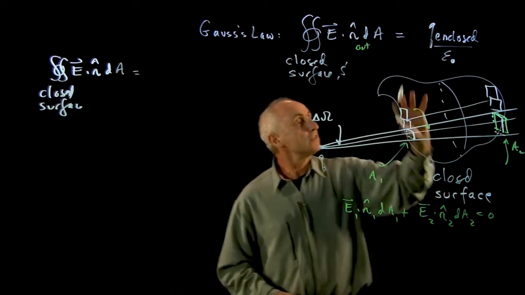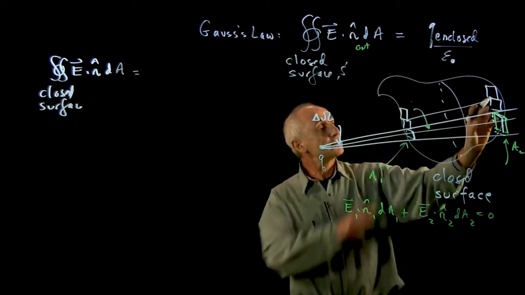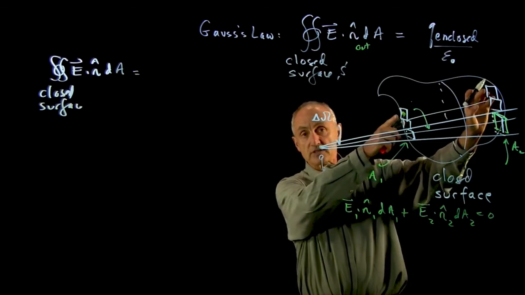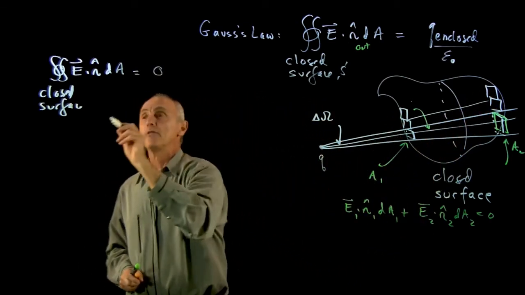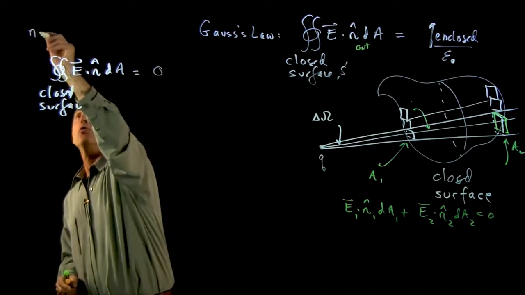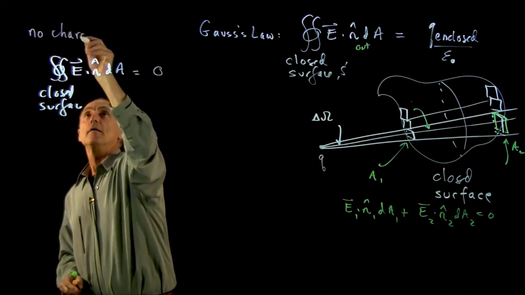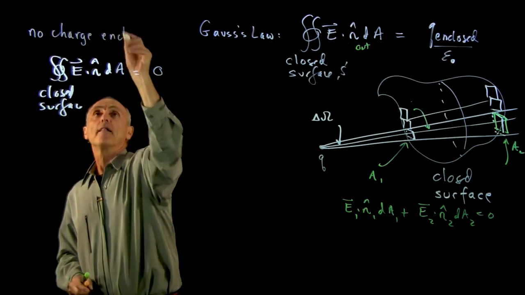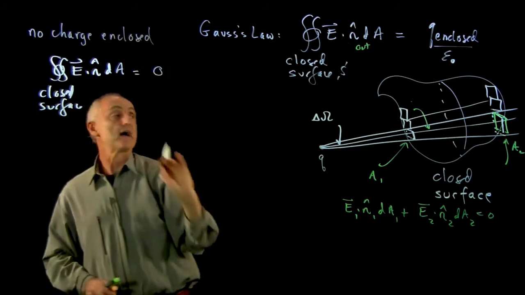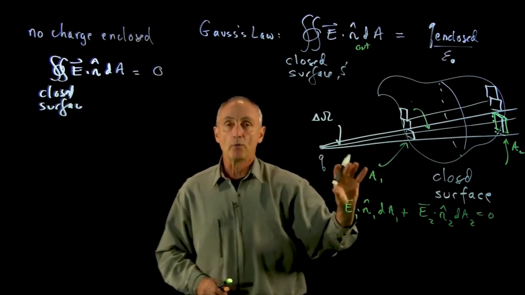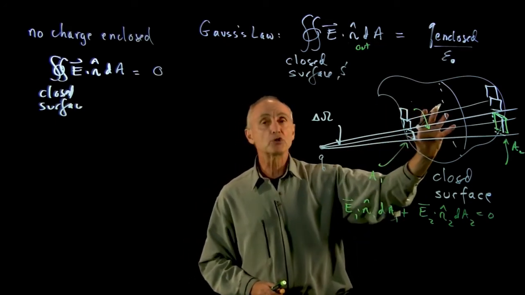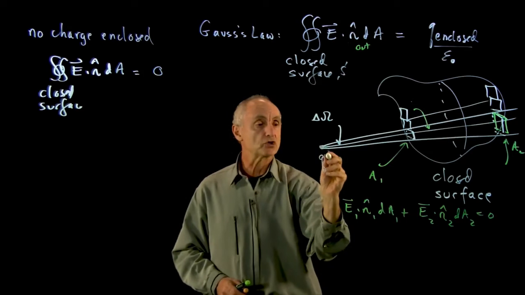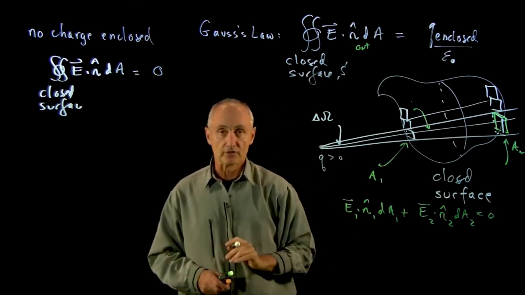When I sum up all of these over the whole surface, the pieces that are in pairs will cancel, and this is 0. And the reason it's 0 is that there's no charge enclosed. And so that generalizes what we did for the wedge and tilting the angle of the wedge to an arbitrary closed surface where the charge Q is lying outside the surface.